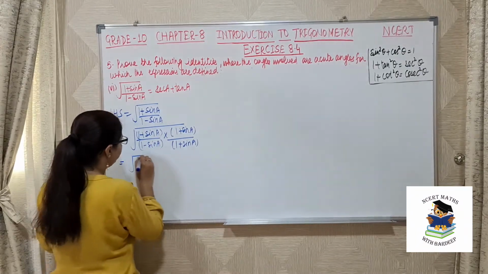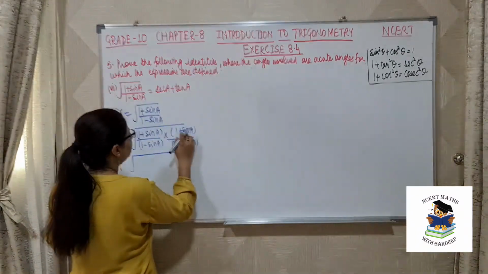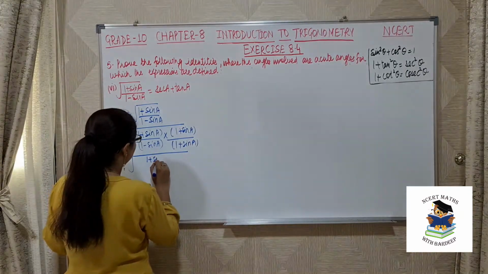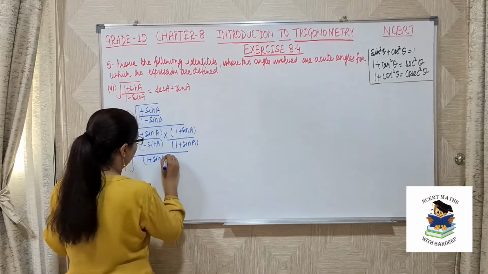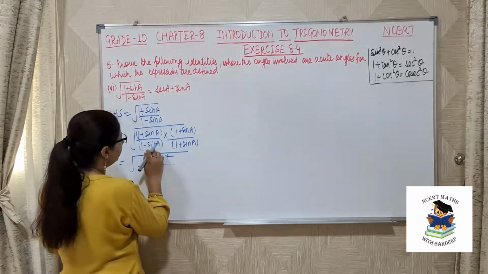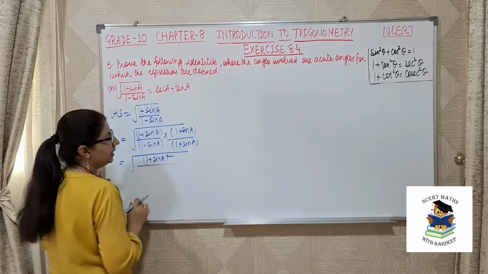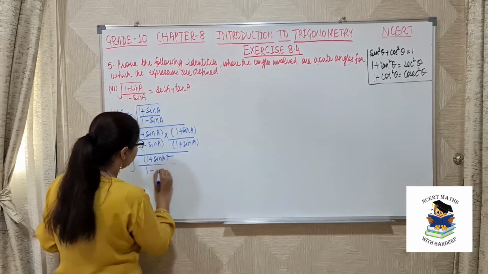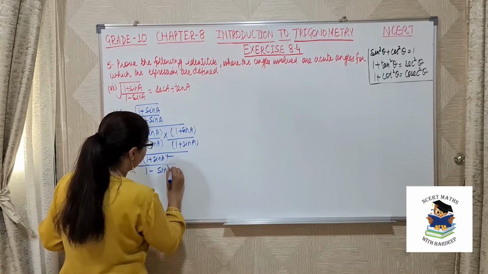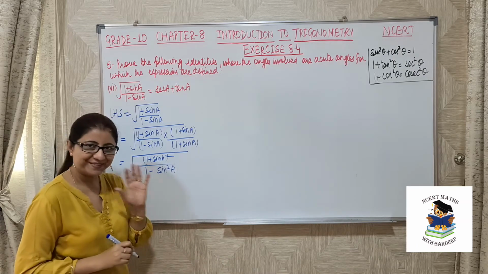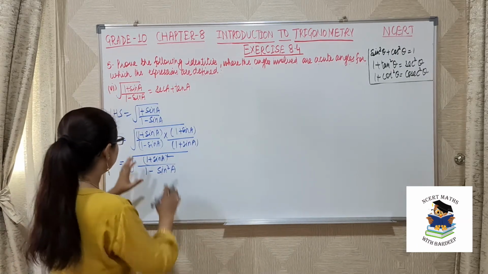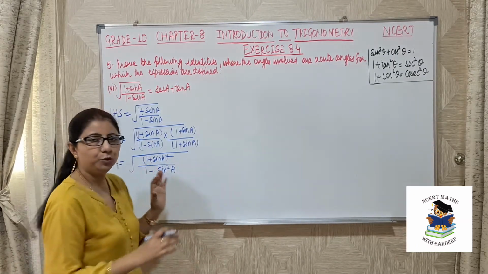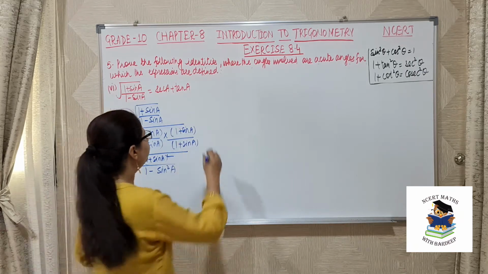So now let's combine. 1 plus sin A into 1 plus sin A is 1 plus sin A whole square. This is 1 minus sin A into 1 plus sin A. So this is A minus B into A plus B. And what is the answer? A square minus B square. Clear? So after this step, since the square root is of both numerator and denominator, write them separately.